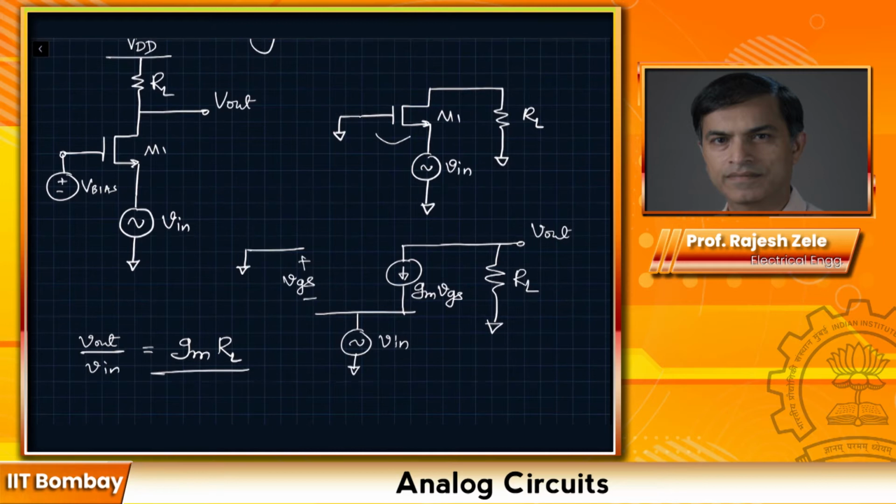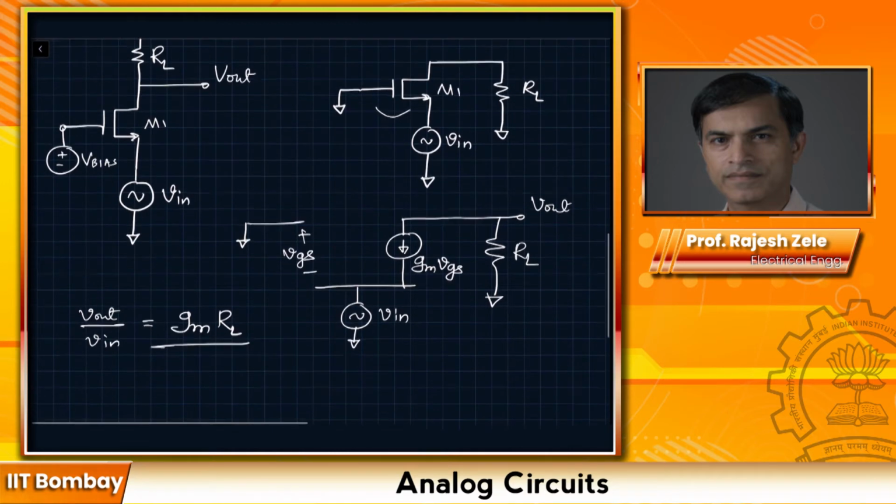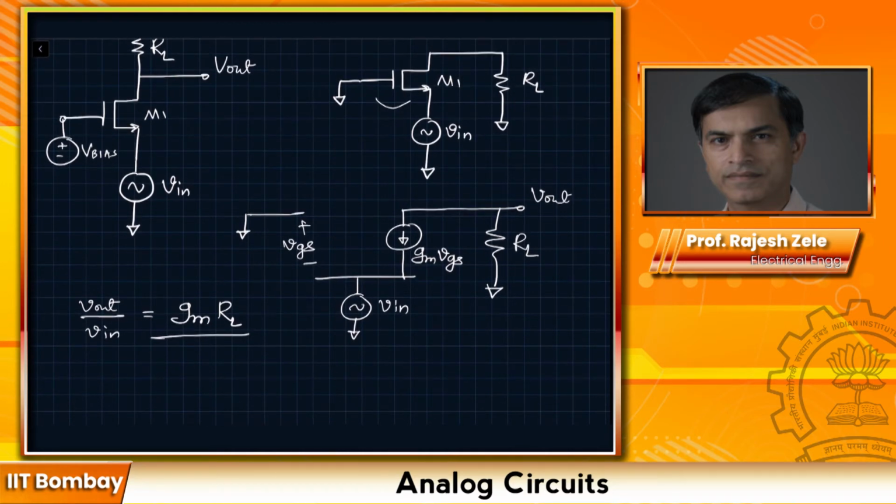Again, this is a non-inverting gain. You can also prove, similar to bipolar case, input resistance, which is resistance looking into this source node over here or over here, that is going to be equal to 1 divided by Gm. Again, we have ignored the Rout of the transistor.